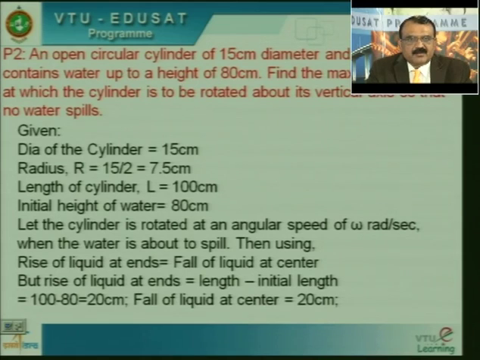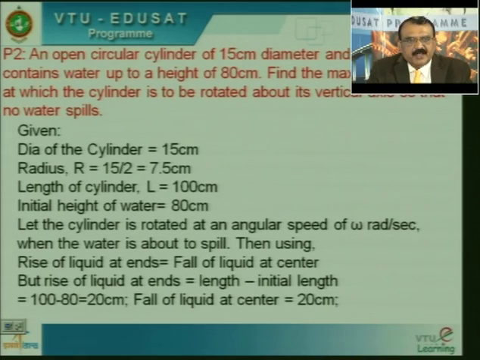But what is the maximum height to which you are going to rise this liquid? Remember, the length of the cylinder is 100. The moment it crosses 100, there is a spill. Therefore, the maximum height to which you can allow the water to rise is 100.